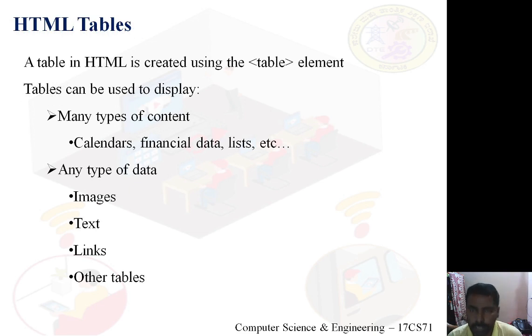So now coming to tables. I think everyone has come across some information that is displayed in the form of a table. For example, you often look at the calendar, or you have seen your result on your university result sheet.